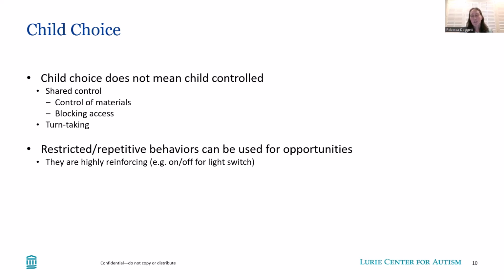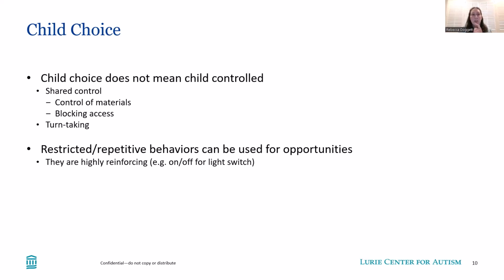Even if it's something that you think is relatively minor, like, do you want to sit in that chair or this chair? Do you want to have the blue marker or the red marker? You can make choices out of almost every situation you're in. And just remember, you can control the choices and the child is choosing between those things.